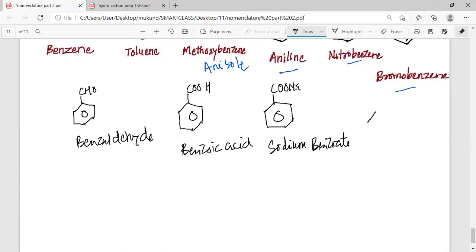If we have benzene bonded with COCH3, it is known as acetophenone.